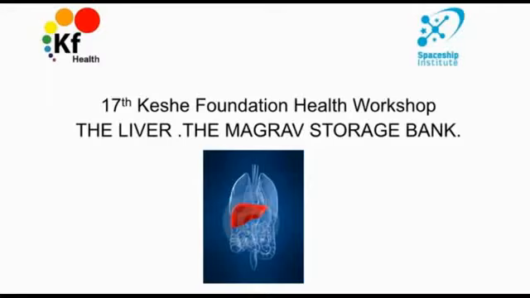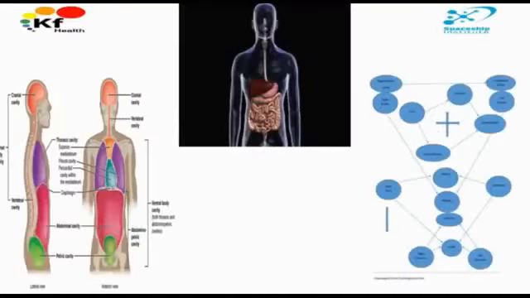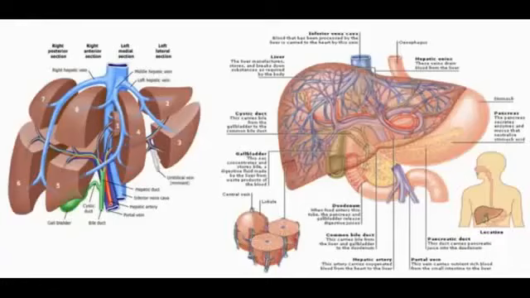Okay, then we go to the next slide. On the next slide is the storage base for glucose from glycogen, for vitamin A, D, B12, and vitamin K, iron, and copper.